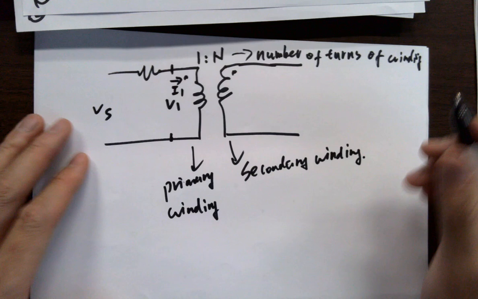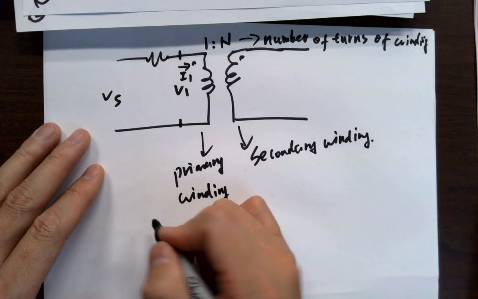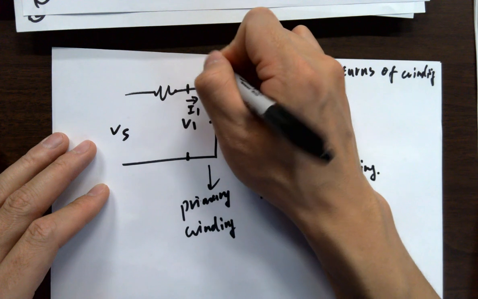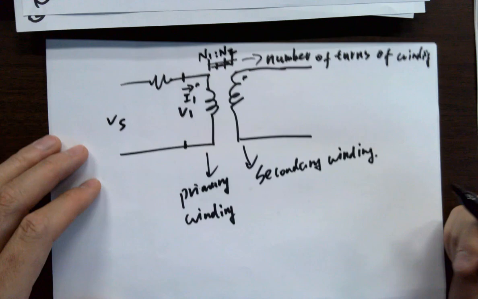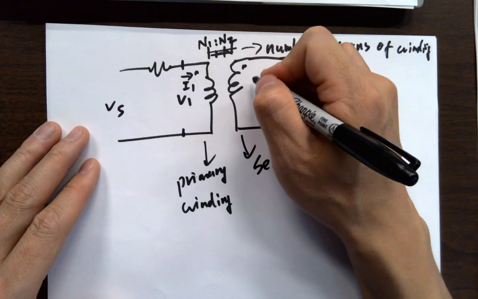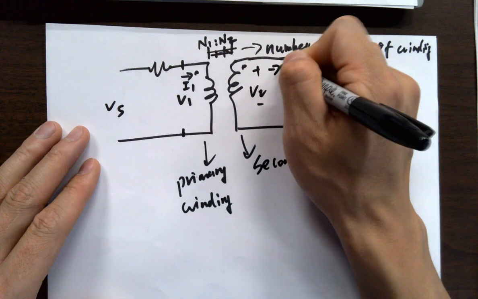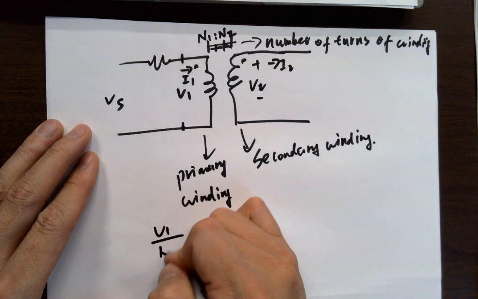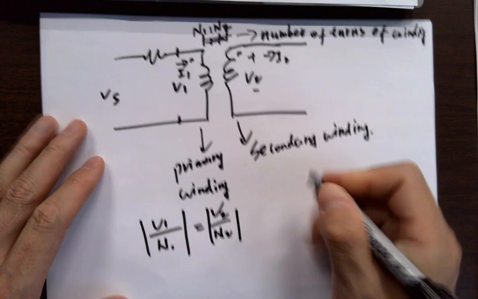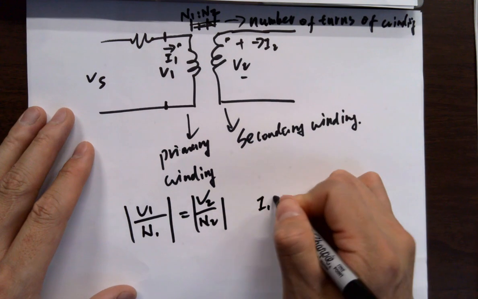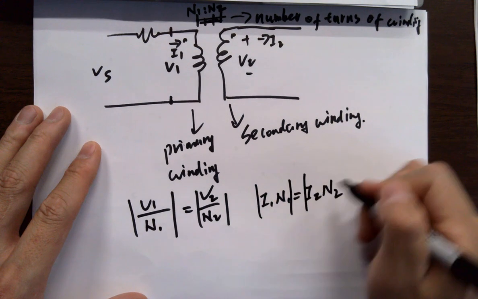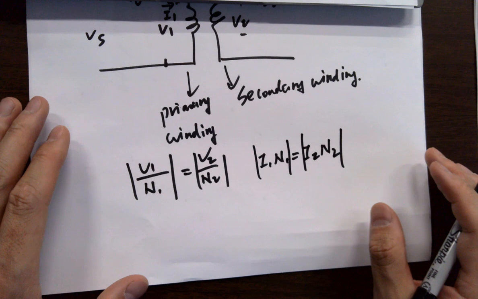Okay? And then you have a conclusion like this. Probably it's better to use N1 versus N2, it's more general. So then you know that V1 over N1 equals V2 over N2, and I1 N1 equals I2 N2, both absolute values.